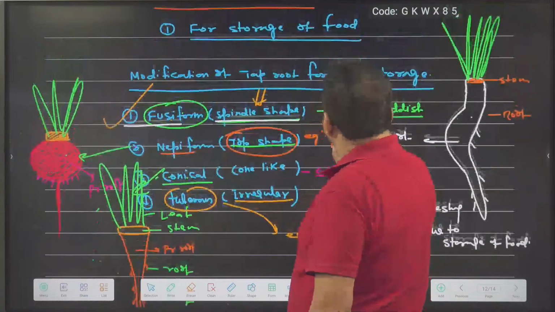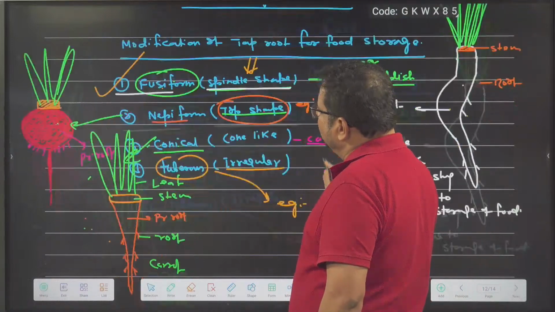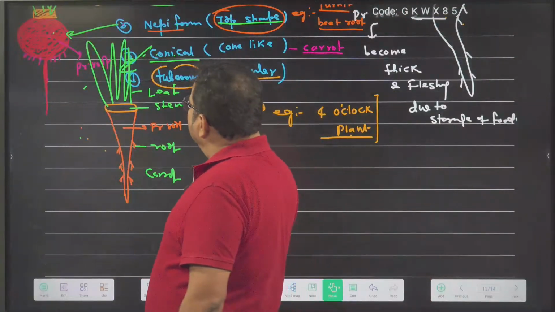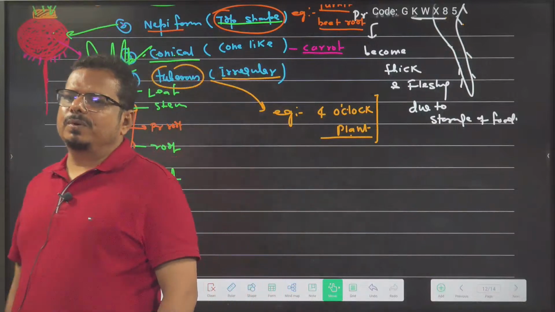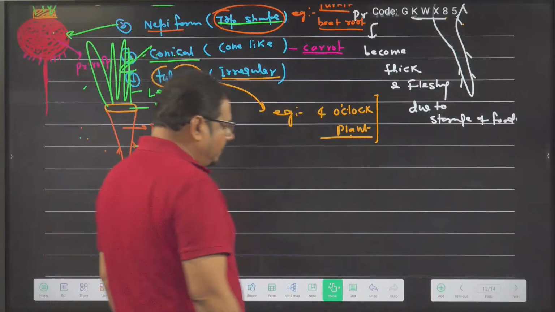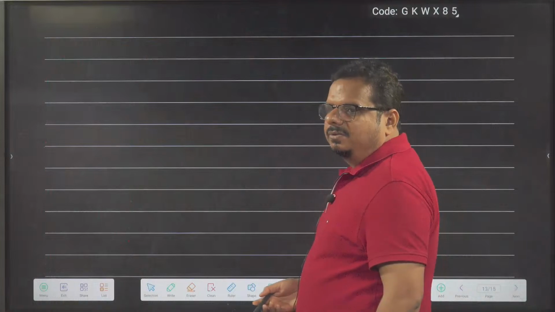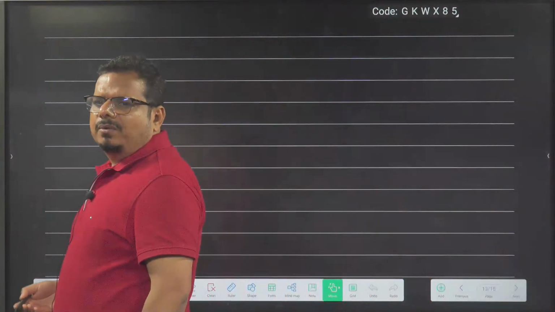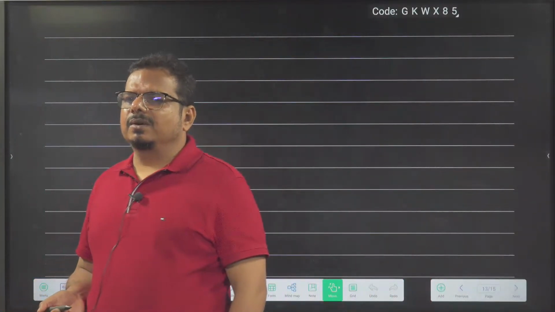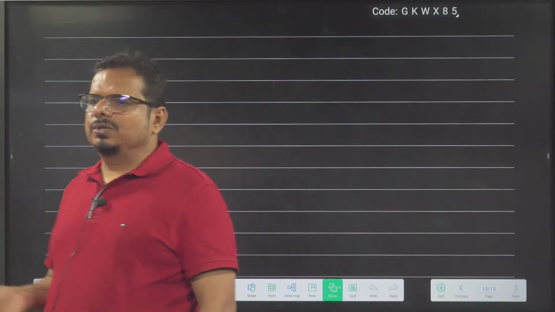Meanwhile, I am discussing modification of taproot for food storage. Now I am going to talk about modification of adventitious root for food storage. Give your attention. After that, I will finish today's class, right? So now we are going to talk about modification of adventitious root for storage of food.